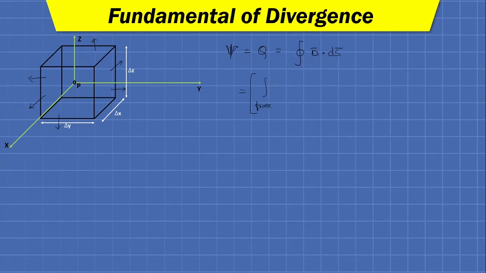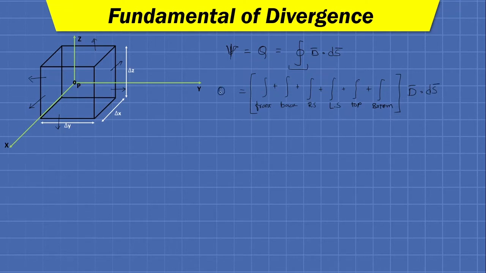So I am taking the integration of the front surface plus the back surface plus the right surface, the left surface, plus the top surface and the bottom one. We have divided this closed surface integration into 6 parts with the same operands as above, D bar dot ds bar.